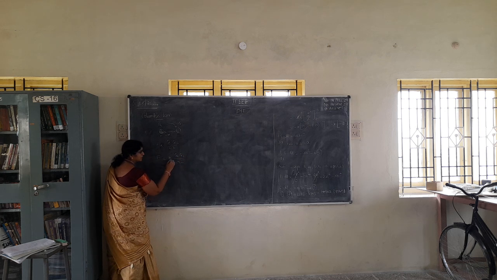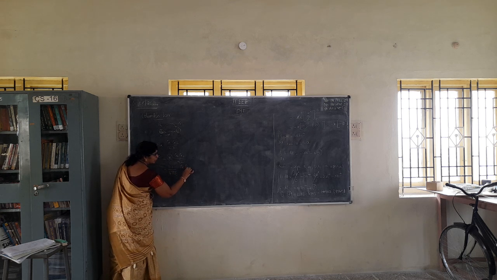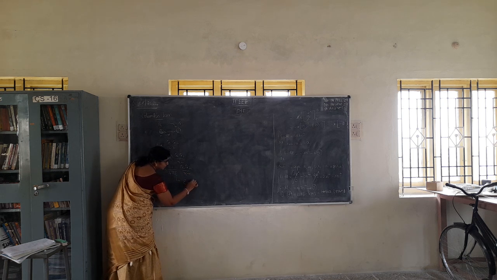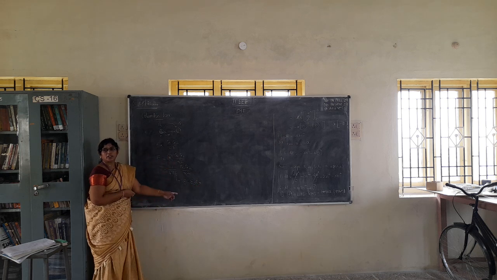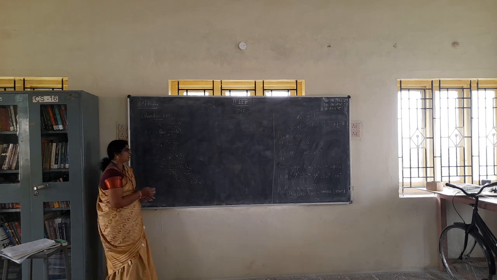Generally this k value is 1 by 4 pi epsilon, so F is q1 q2 divided by 4 pi epsilon r square. This epsilon is represented as epsilon naught epsilon r. So what is epsilon? It is called the constant permittivity.